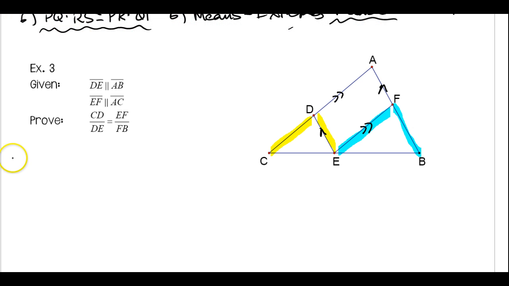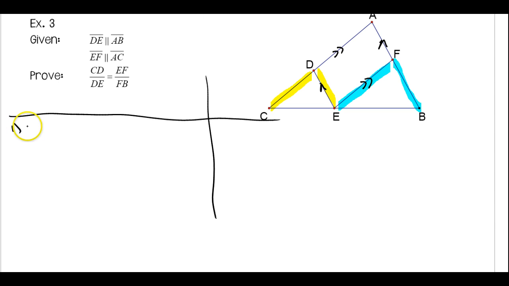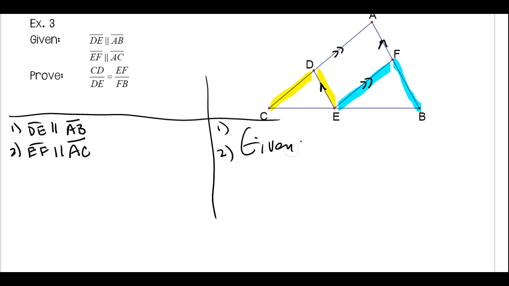So let's get our given information in here. So I've got DE is parallel to AB, and I've got EF parallel to AC. These are both given. And I'm going to put a 1 here, and I'm going to put a 2 over here.